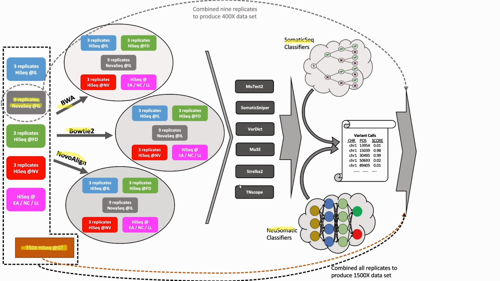Furthermore, we combine all the whole genome sequencing data we had into a single 1500x dataset. Each of those high-depth datasets was also classified by SomaticSeq and NeuSomatic across 3 different aligners in order to make high-confidence calls out of low VAF variants.